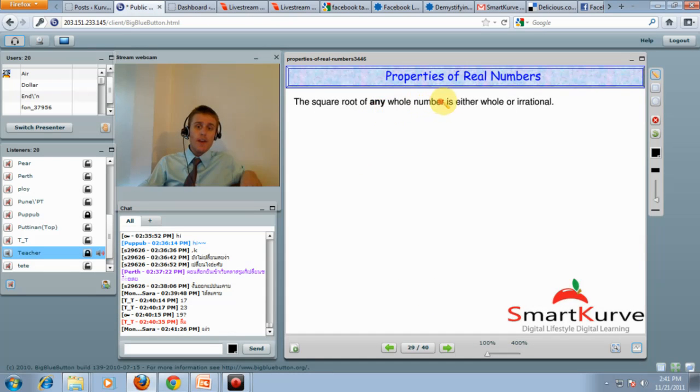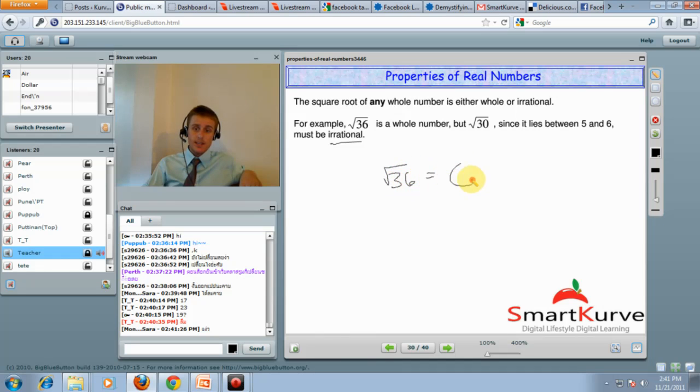The square root of any whole number is either whole or irrational. For example, root 36 is a whole number, but root 30, since it lies between 5 and 6, must be irrational. Root of 36 is 6. Root of 25 is 5.